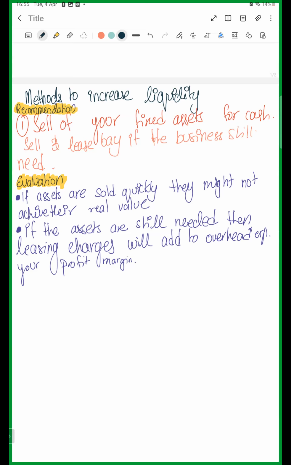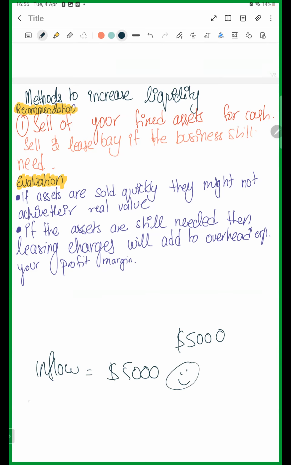So let's say you sell off your machinery for $5,000. That gives you a sudden inflow in your account of $5,000. That's a good thing, right? But you still need that machinery, so you are leasing it back. And the company that you're leasing it back from is saying that you have to pay $500 every month for 1 year.